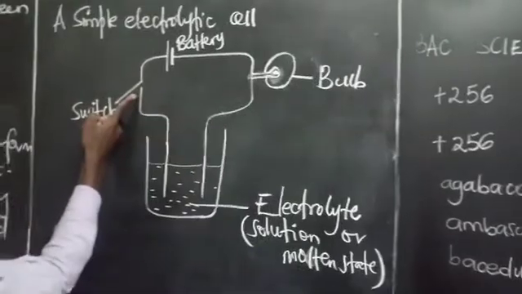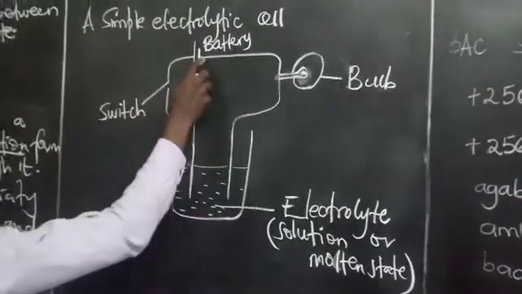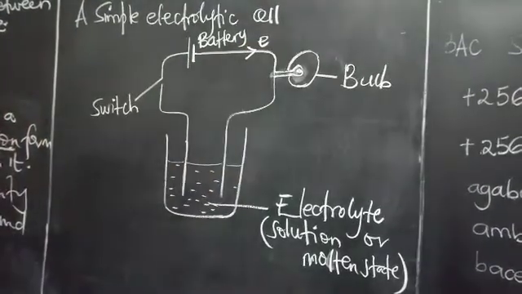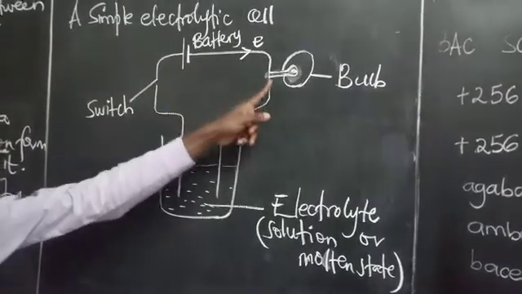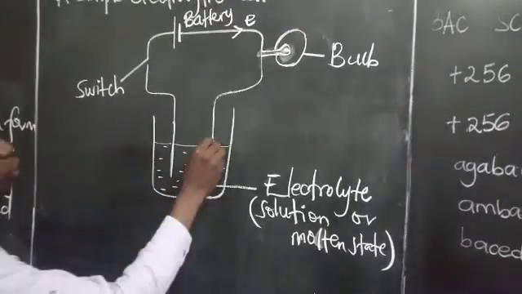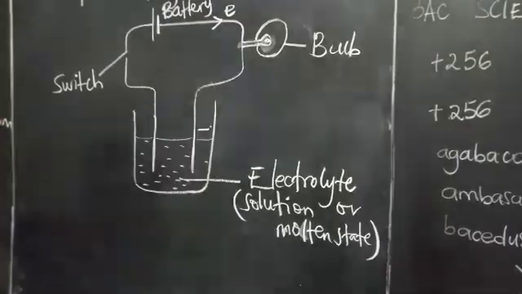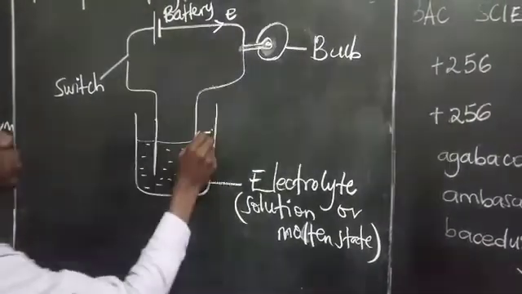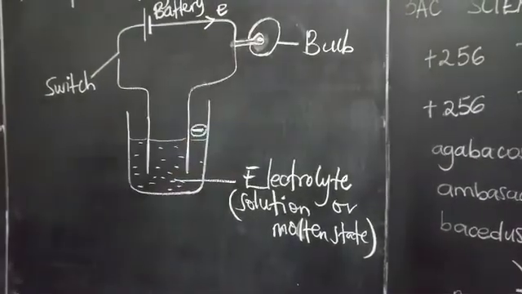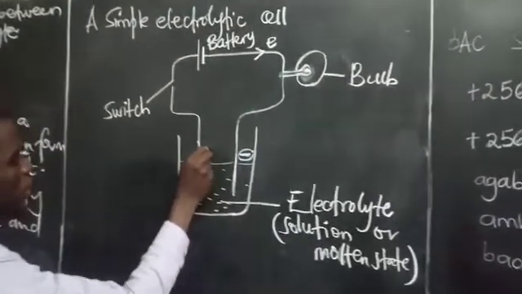They move through the bulb and enter this electrolyte through this other terminal, meaning that it will have to be negatively charged as well. So this should be negatively charged, an indicator that this other one must be positively charged.